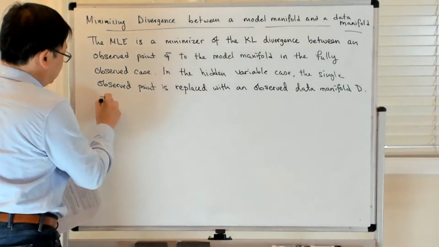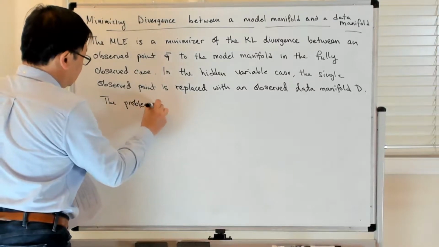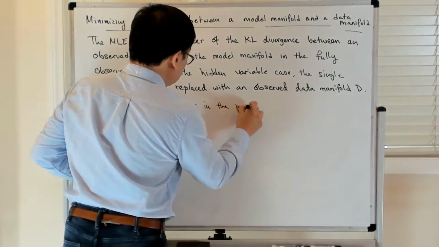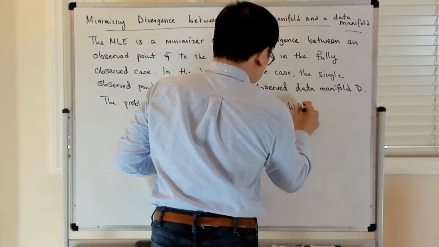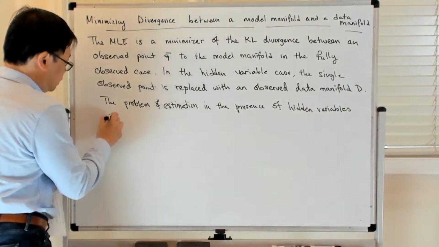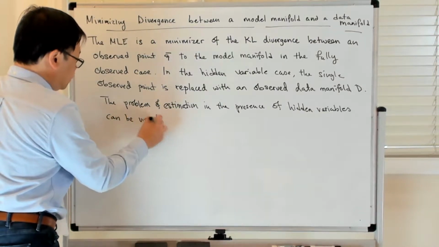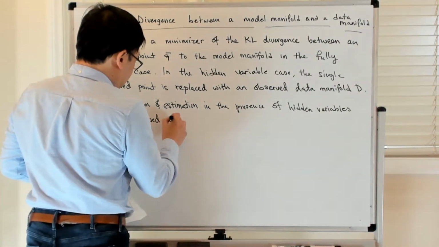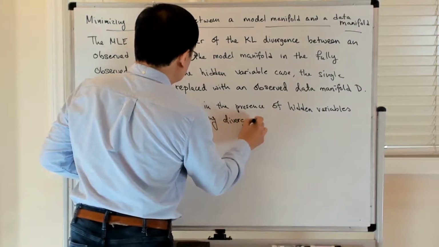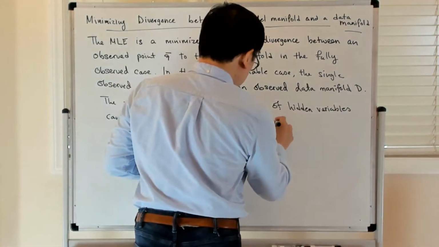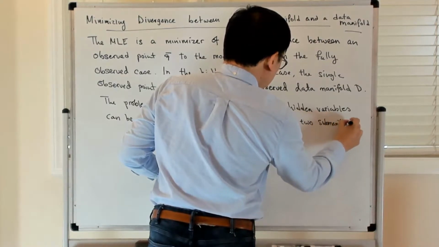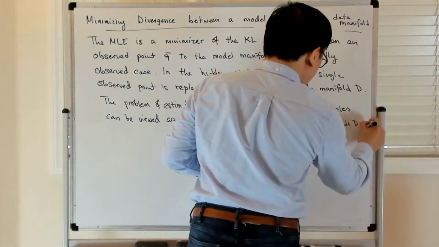The problem of estimation in the presence of hidden variables can be viewed as minimizing divergence between two submanifolds, D, which is the data manifold, and M, which is the model manifold.